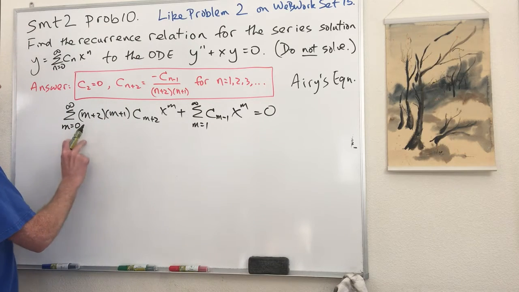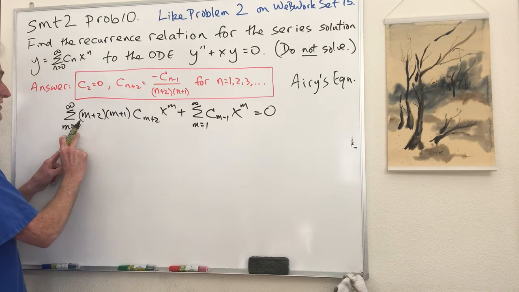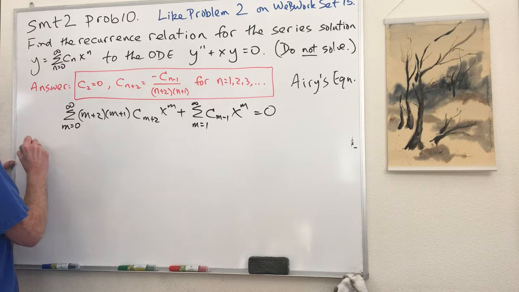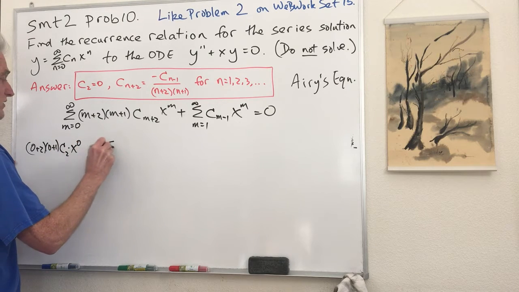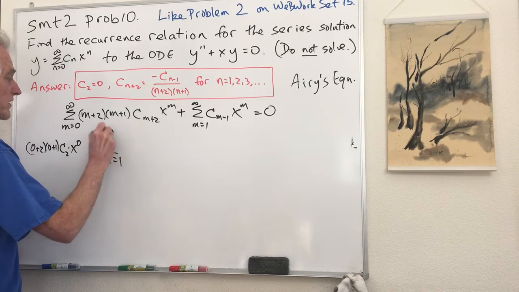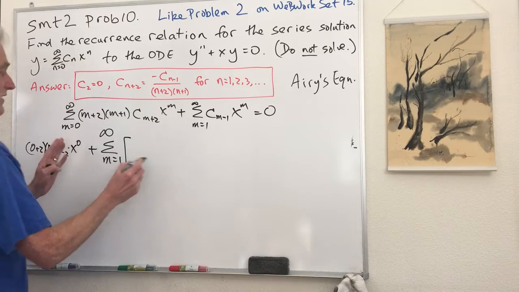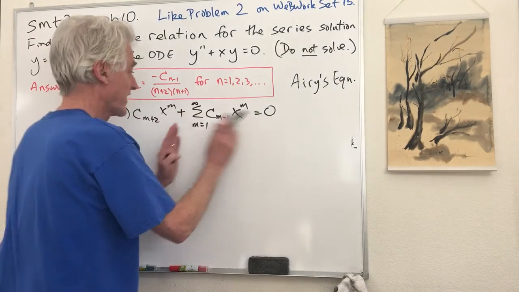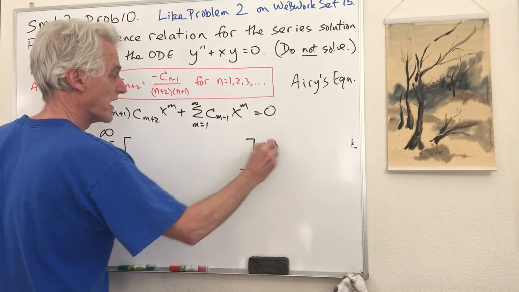I can't combine these as they are because this starts at m equals 1 and this starts at m equals 0. But I can rewrite this as 0 plus 2 times 0 plus 1 c sub 2 times x to the 0, plus the sum from m equals 1 to infinity. Now I can put them all together and factor out the x to the m.